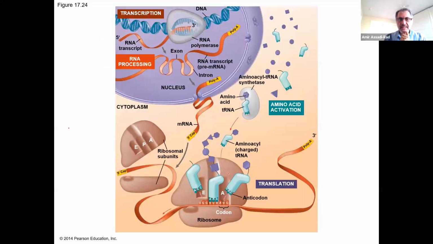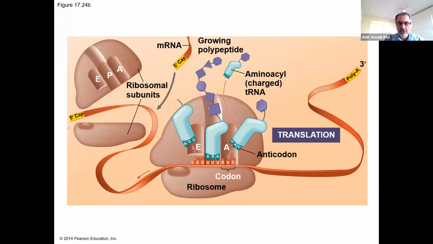Again, right here is what I talked about at the beginning of the lecture. We didn't talk much about gene regulation, but pretty much the central dogma in some detail. The central dogma of biology is right here. They're showing it to you guys.